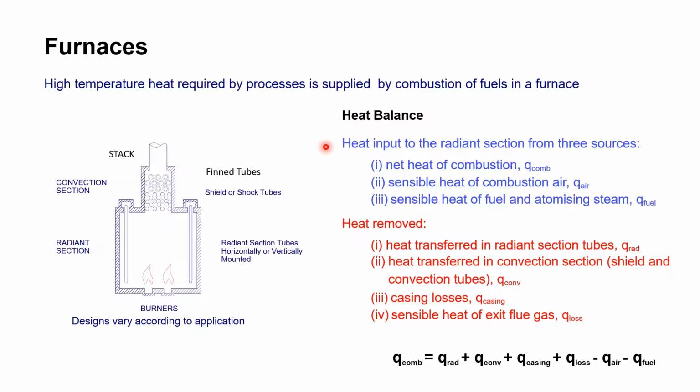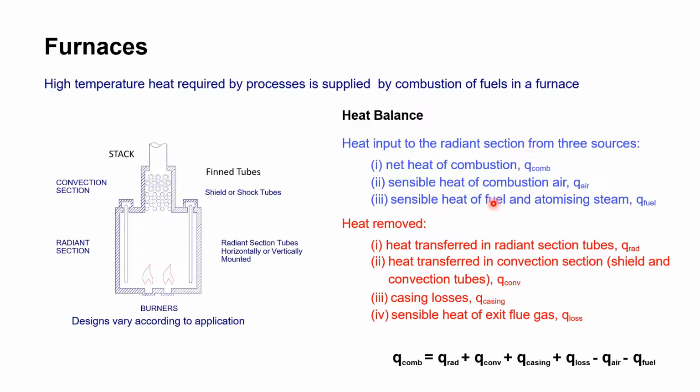So what are the factors by which heat or energy is brought into the furnace? First of all, it is from the heat of combustion. The combustion reaction is highly exothermic and produces energy.